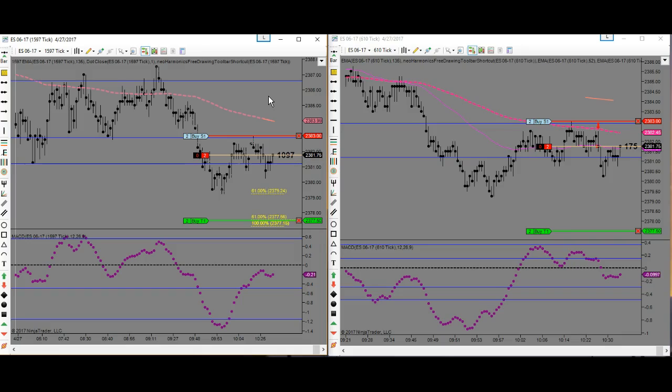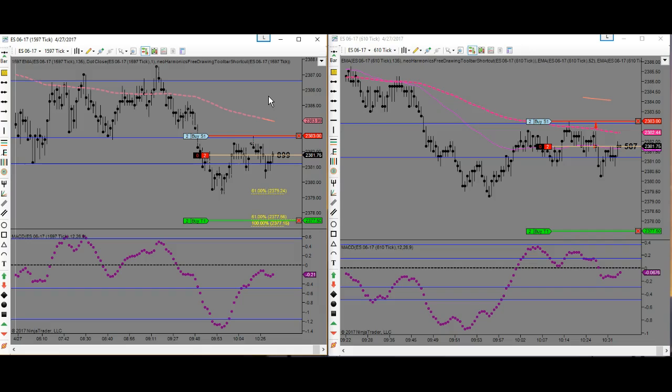Starting to roll up on the 1597 in the MACDs. My stop is still in the right place. Everything is still open. I'm going to kind of anticipate and give a little bit of a pullback.